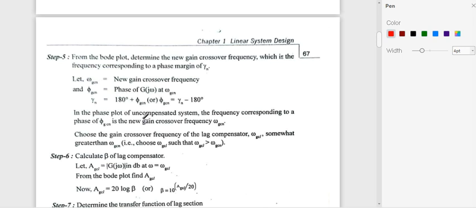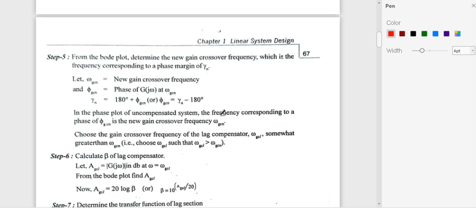In the case of the lag compensator we move forward with this omega GCn. But here we are designing a lag-lead compensator. Here, we have a new gain crossover frequency omega GCn, and we choose a frequency omega GCL somewhat greater than omega GCn.